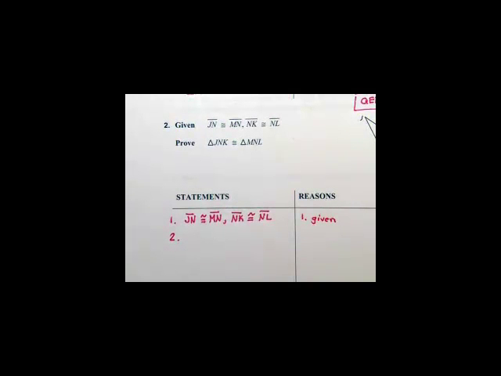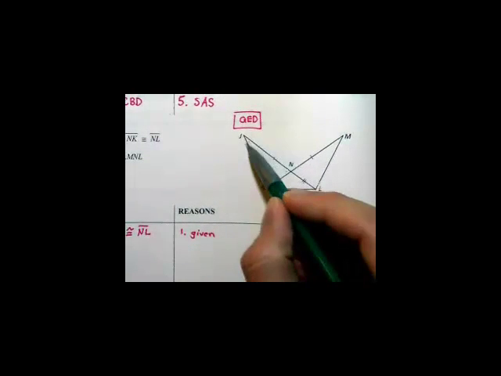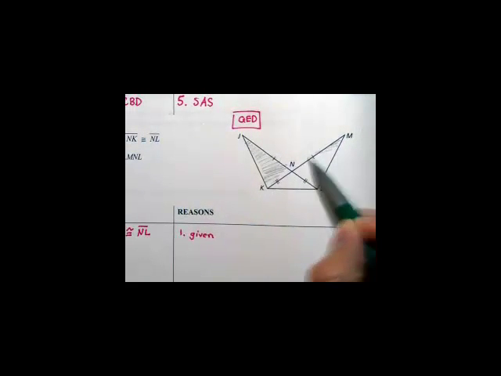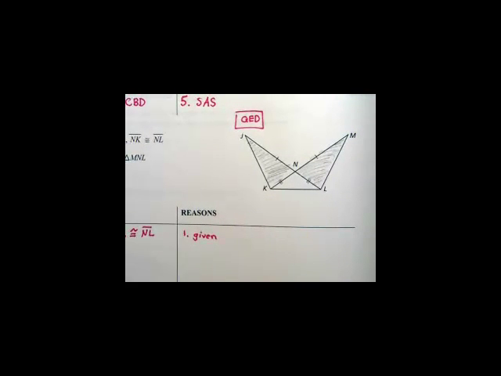So the two triangles we're trying to prove congruent in this are the two smaller ones. This one and this one. We've already got most of what we need to do side, angle, side, except for the angle. Okay? So look at the picture. Think side, angle, side, side, angle, side.